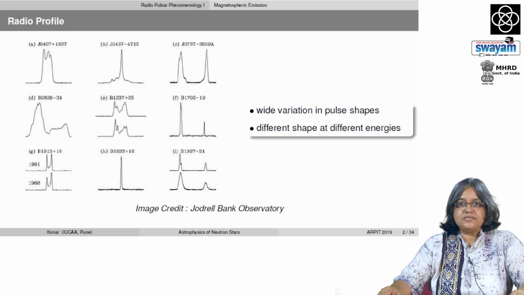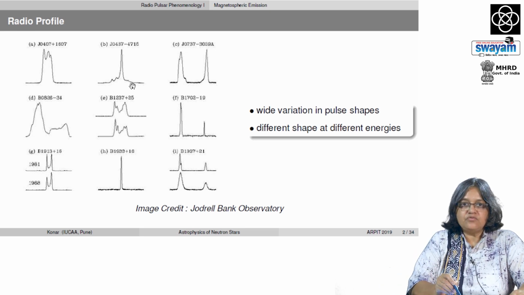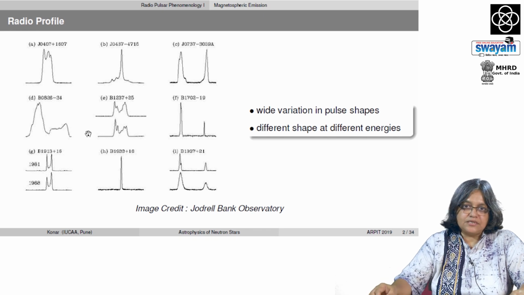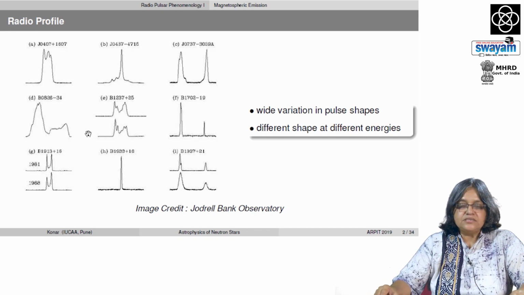Those periodic pulses vary widely from pulsar to pulsar. As you can see in these different profile shapes, the shapes of pulses differ significantly from pulsar to pulsar.